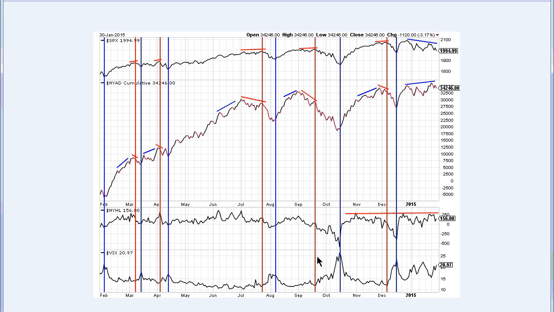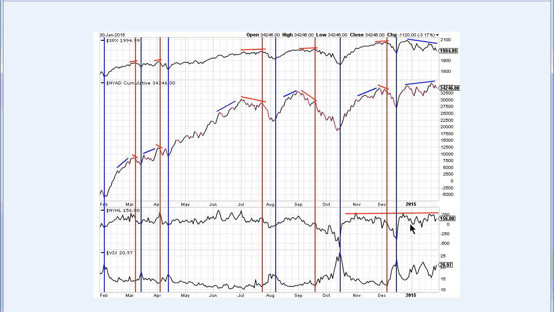Okay, and then I also have the New York Stock Exchange new high, new low. This is the net new high, new low. So again we're taking the difference between the number of new 52-week highs and the number of new 52-week lows.